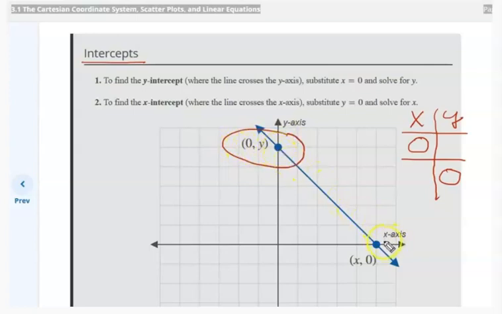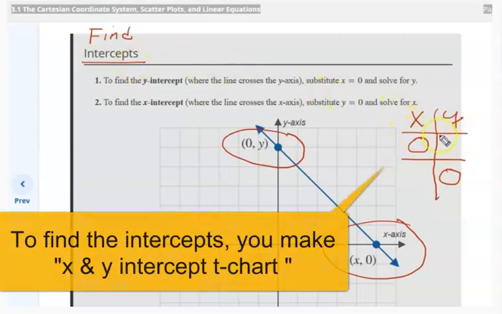If it crosses the x-axis at a certain place, that's considered the x-intercept. And often this is an excellent tool for graphing. And they will say, find the intercepts.